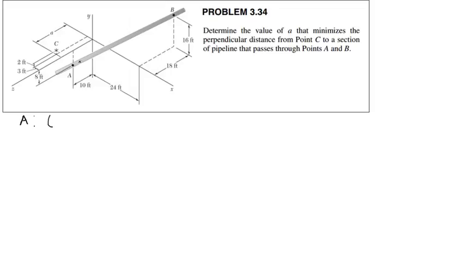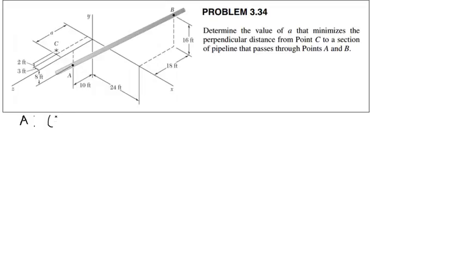A has coordinates, let's see, I am going to use a proper cross product with this, I think. A is going to be, in the x coordinate, for part A. Where are you getting that 60? No, that doesn't make sense. No, the x coordinate, it's 0, I believe.